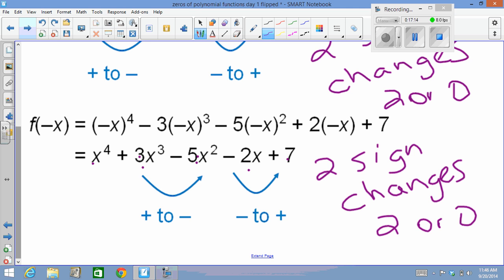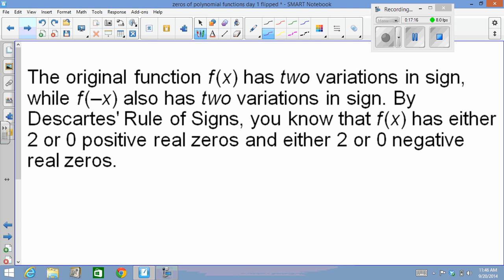And if I look at the next slide, that's exactly what it says. So Descartes' rule of sign tells us I have either 2 or 0 positive real zeros and either 2 or 0 negative real zeros. I wouldn't know exactly what those will be unless I actually go ahead and test it, which we'll talk about a little bit more in the next one.